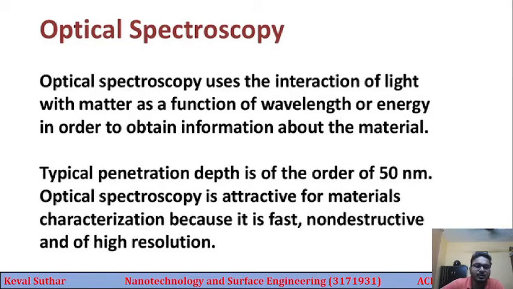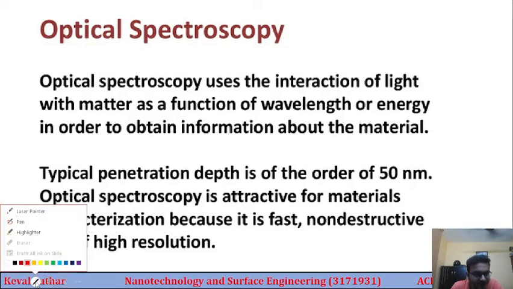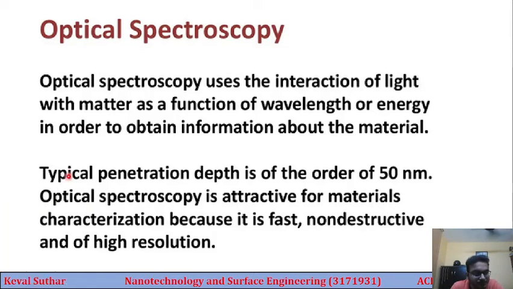Before that we will get some general idea about what is optical spectroscopy. This method uses the interaction of light with the matter as a function of either wavelength or energy in order to obtain information about the material.